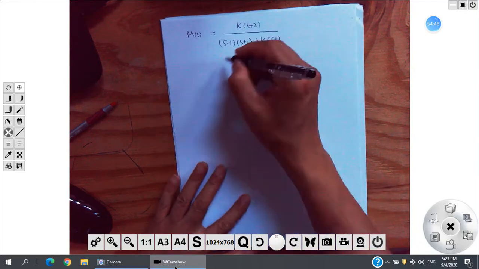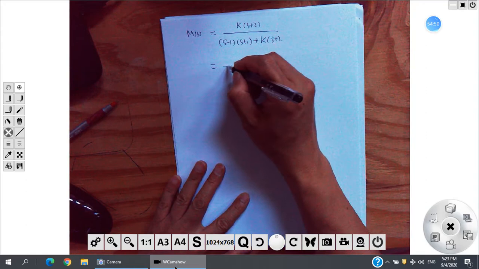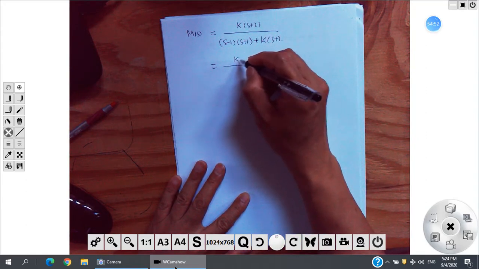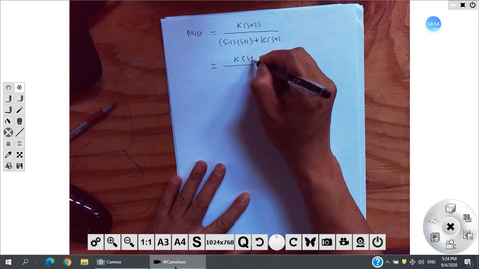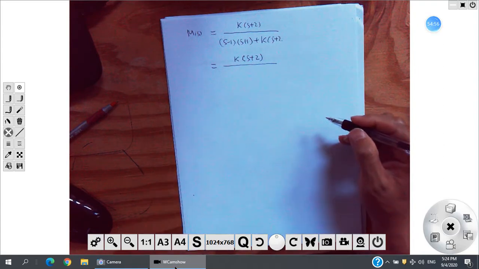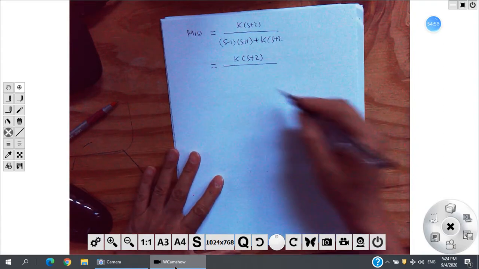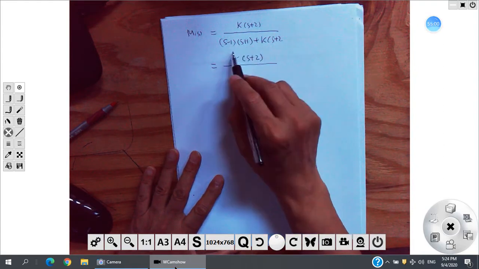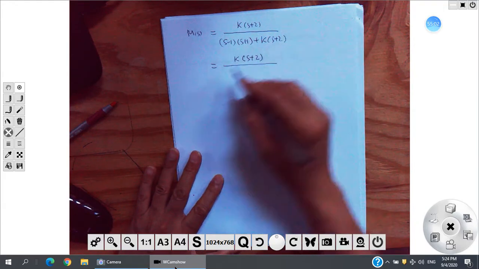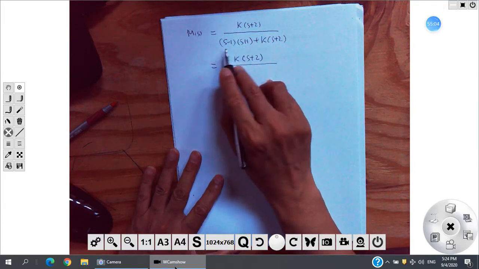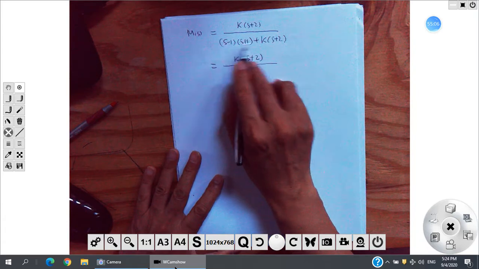Now we simplify. The numerator, k times s plus 2, is nothing we need to change, I just keep it. For the denominator, I will write it in terms of s, not in terms of these two factors.